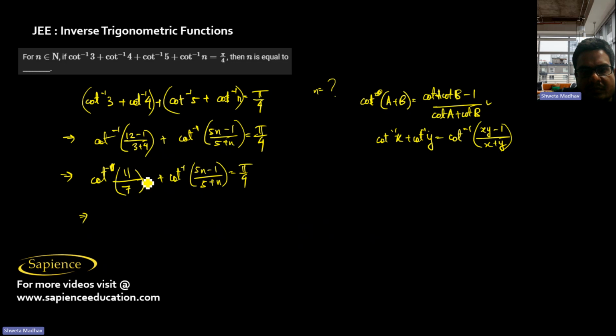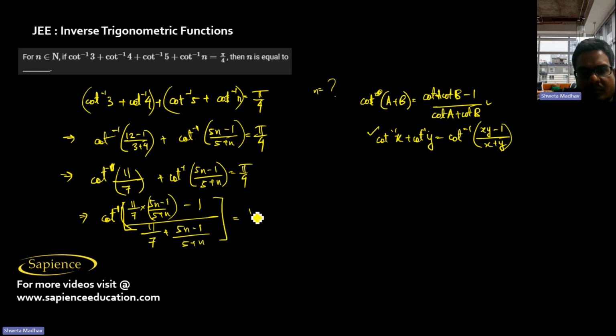So then we can again apply the same formula here. So this will be cot inverse of 11 by 7 into 5n minus 1 by 5 plus n minus 1, by 11 by 7 plus 5n minus 1 by 5 plus n.